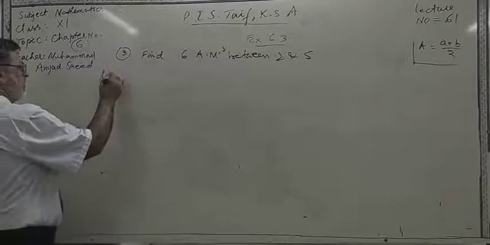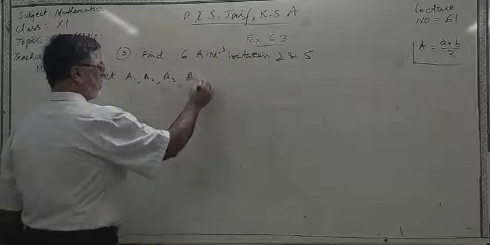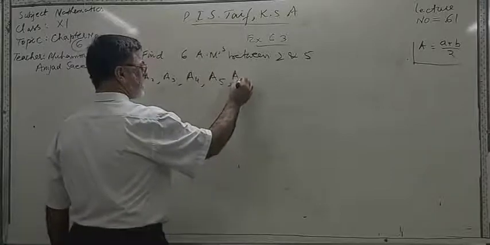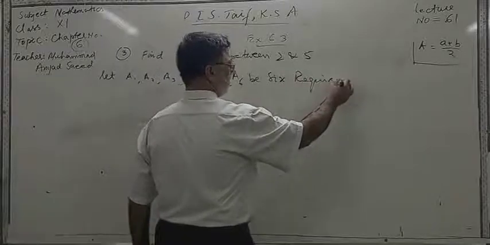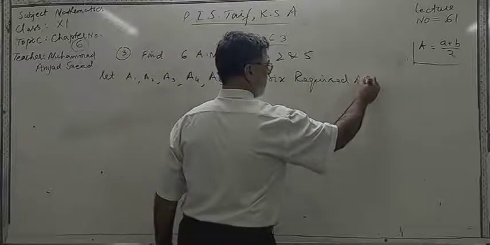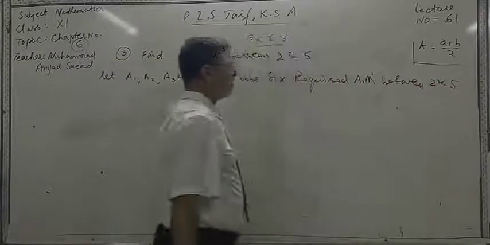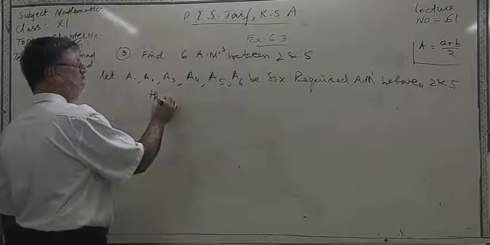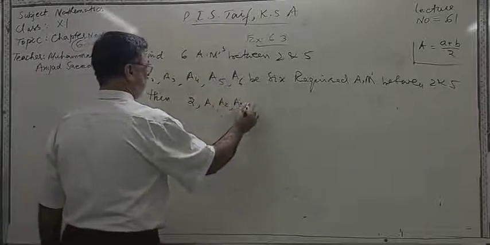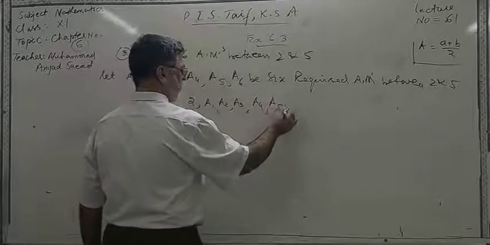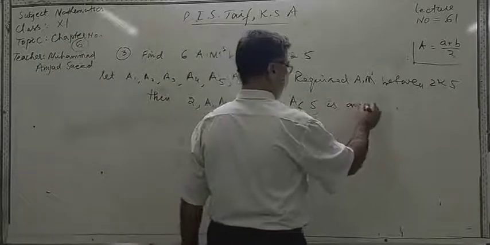Let A1, A2, A3, A4, A5 and A6 be the 6 required arithmetic means between 2 and 5. Then 2, A1, A2, A3, A4, A5, A6 and 5 is an AP.